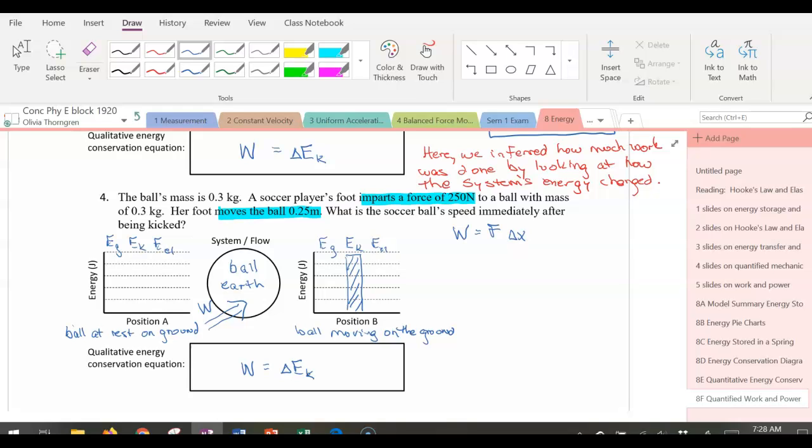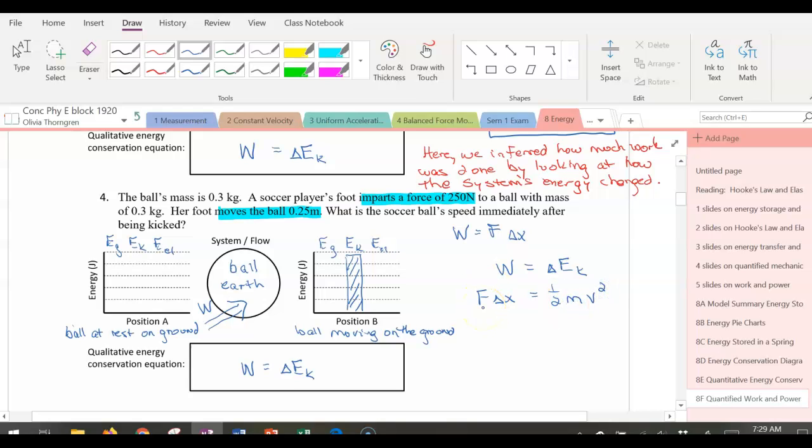And I'm trying to calculate the speed immediately after it was kicked. So I'm going to write my conservation equation. And I'm going to substitute in the formula that we could use to calculate each side of this equation.